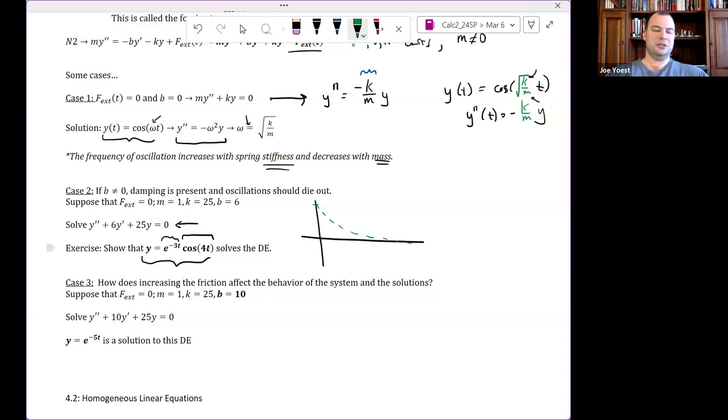The cosine bounces between plus and minus 1. So e to the minus 3t cos of 4t is going to bounce back and forth between these two guiding lines here.